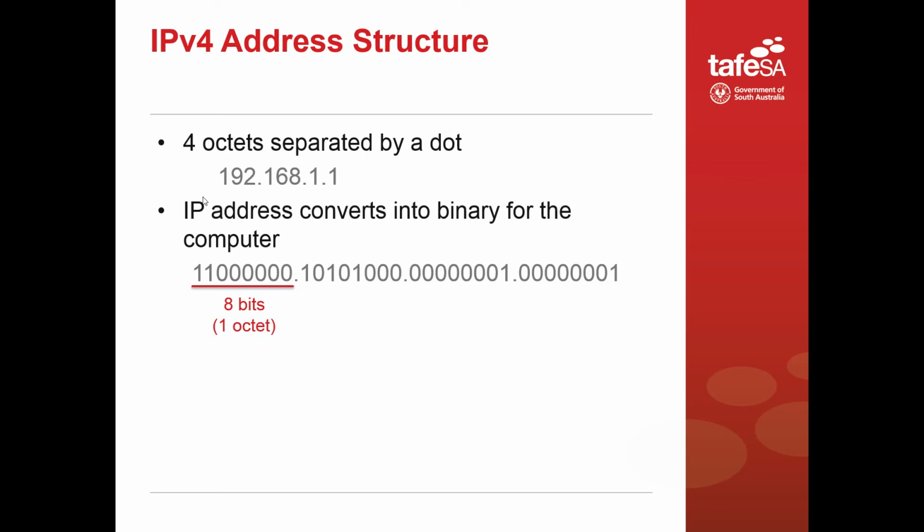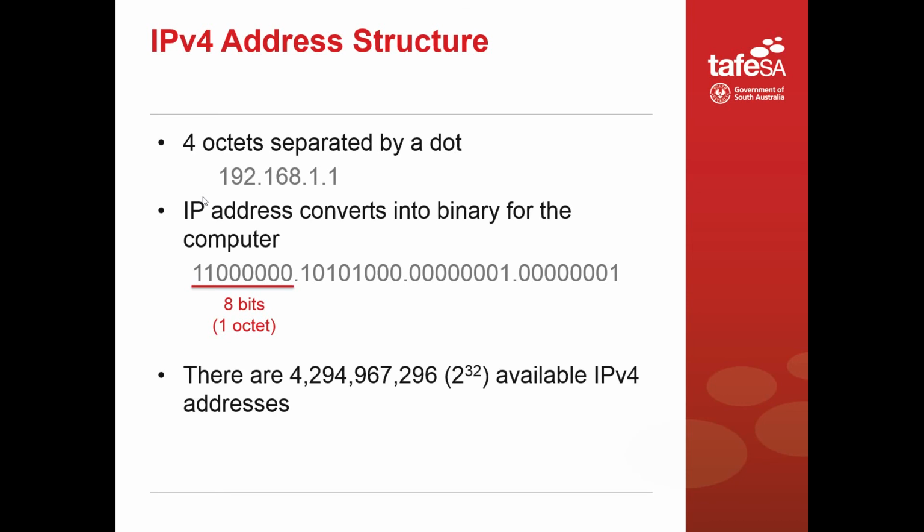So if you actually count the number of bits there, which is each digit in binary, that actually makes up 8 of them. That's why we call it 1 octet. Okay, and finally, because of this addressing system, that means that we have over 4 billion IP addresses available in total. It's a finite number, and that's actually 2 to the power of 32.